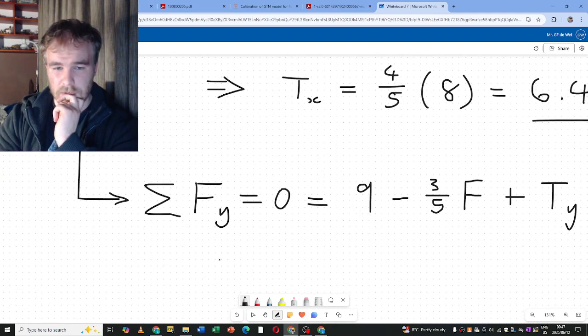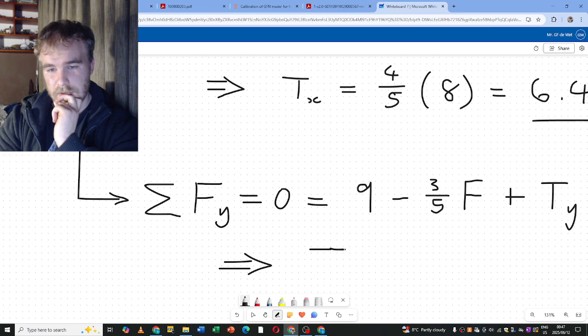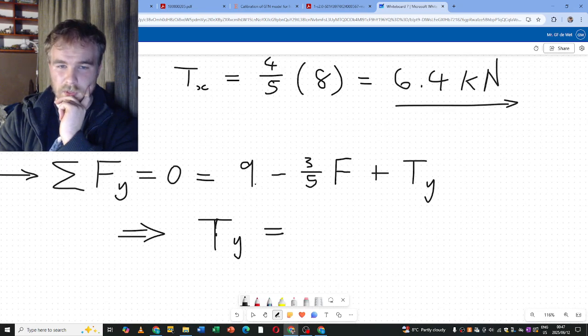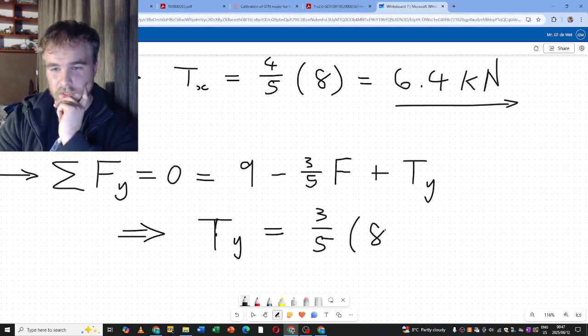And then we get that Ty is equal to, we take all of this to the other side of the equation, so that is 3 over 5, the magnitude of F is 8, and then minus 9.